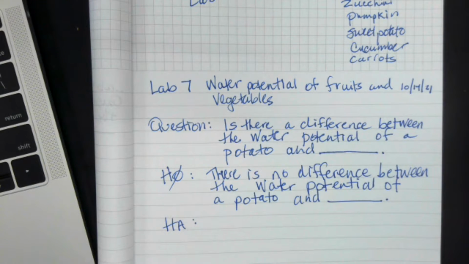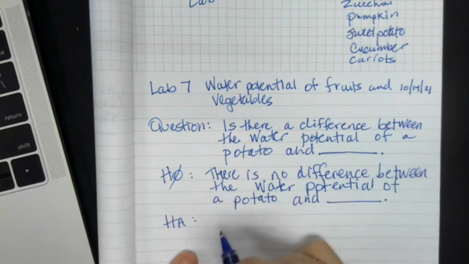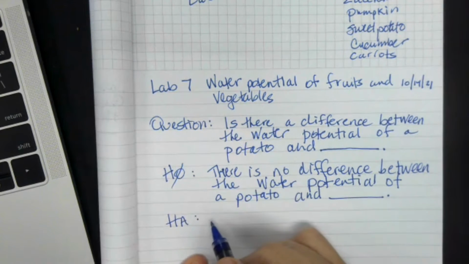So we're basically asking which of the two, potato versus what you picked, has the most solutes. Which one do you think has more sugar, salt, solute in it? That one will have the lower water potential when you calculate it. So you want to predict which one and write a hypothesis.